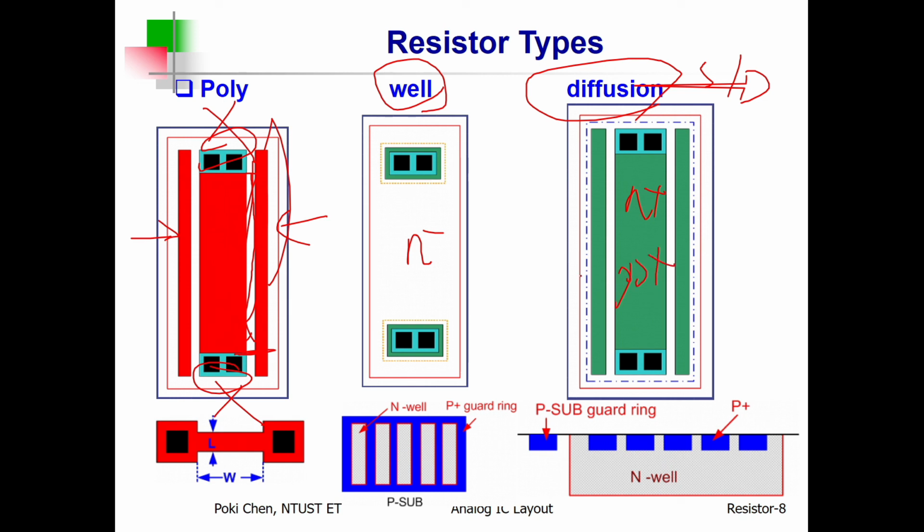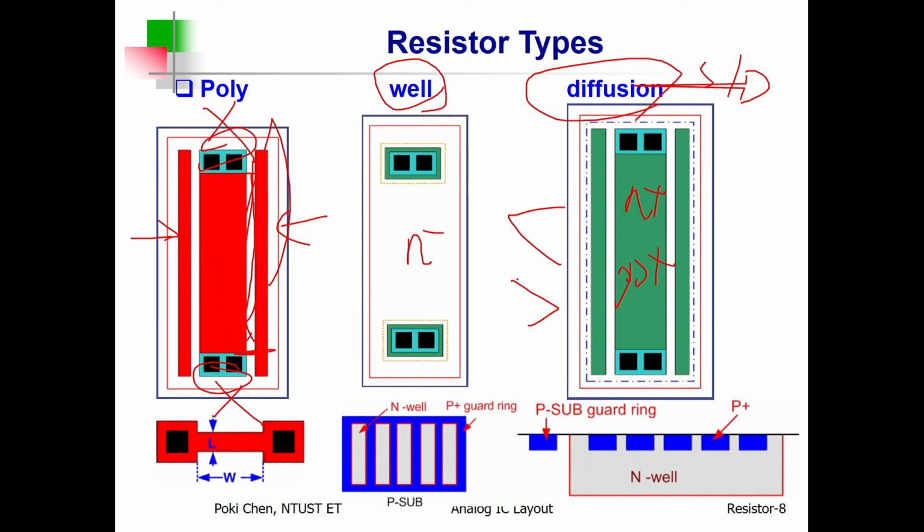So the conductivity of such a diffusion resistor is much higher than well. It means the resistance will be reduced very much from the well resistor. However, the performance of such a diffusion resistor will be much better than the well resistor. Again, it's up to you.